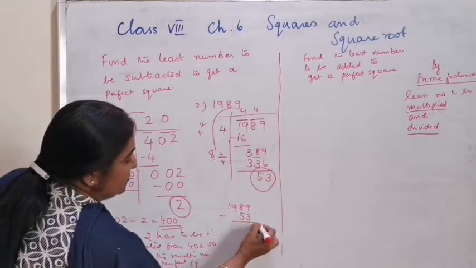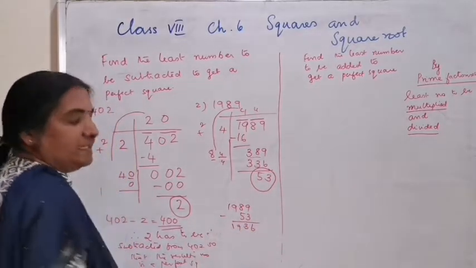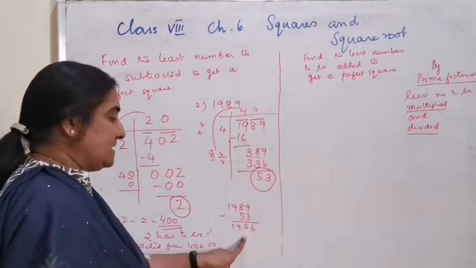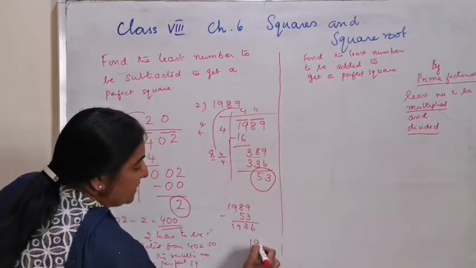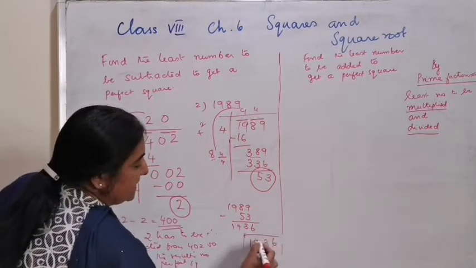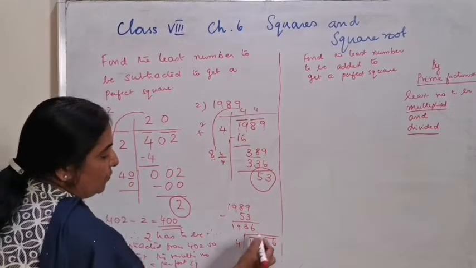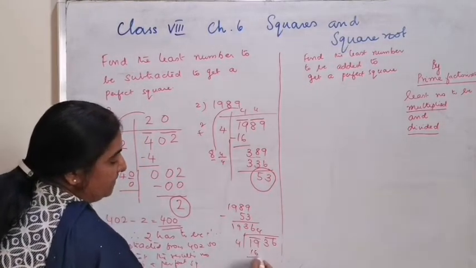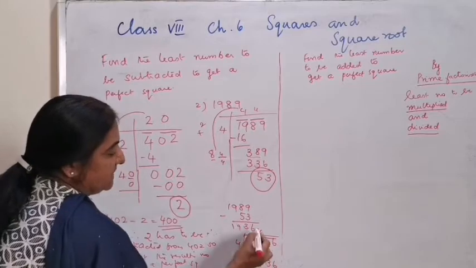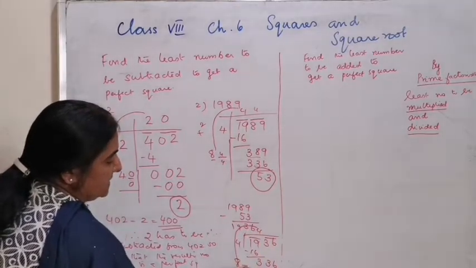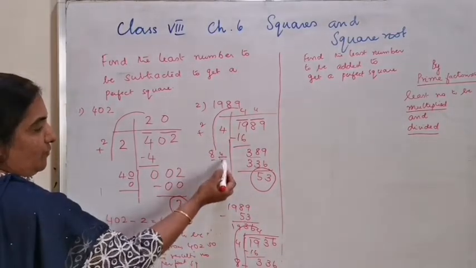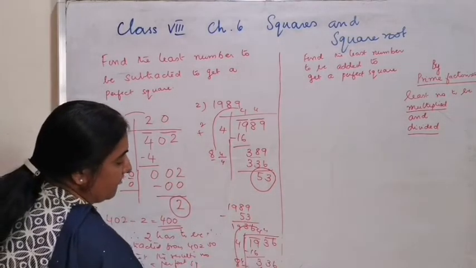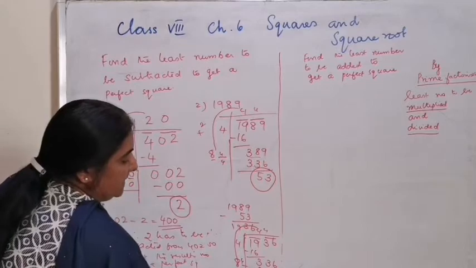1989 minus 53 is 1936. Let's see whether 1936 is a perfect square. 4 fours are 16. 336, double of 4 is 8, and we already calculated 84 into 4, 4 fours are 16, 36.